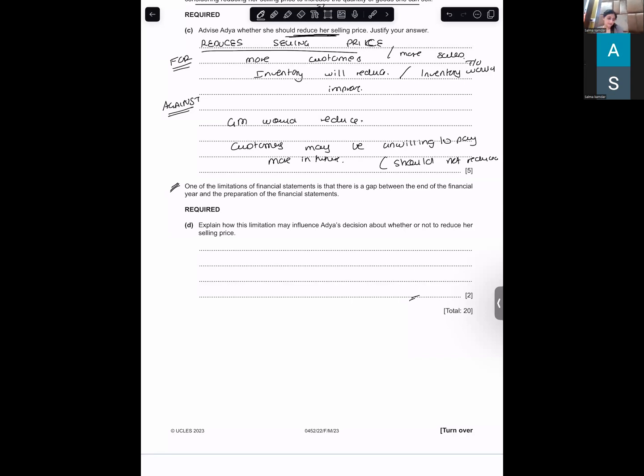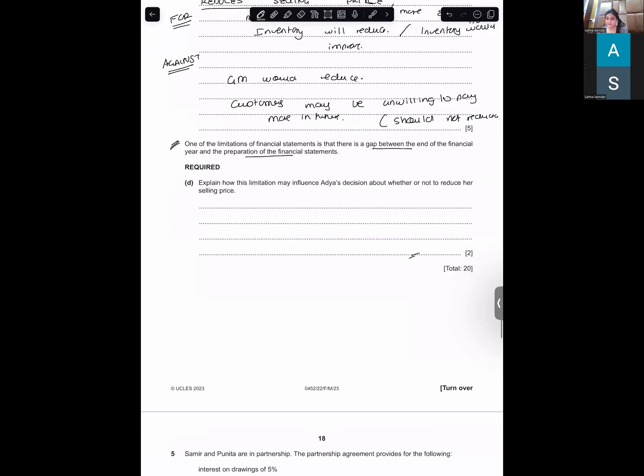One of the limitations of financial statements is that there is a gap between the end of the financial year and the preparation of the financial statements. What does this mean? When the financial statements are prepared, it takes time.